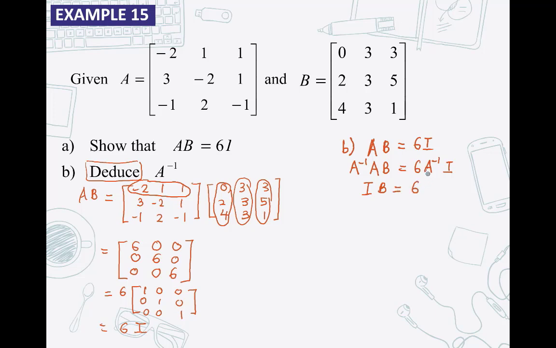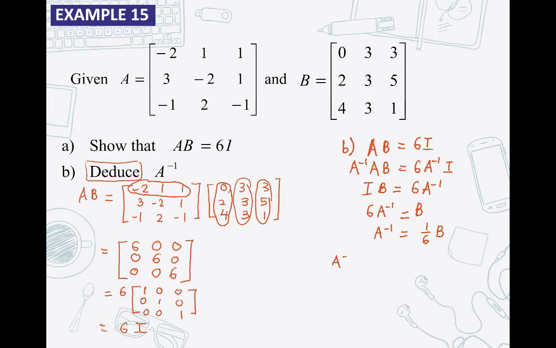Now any matrix times identity will be giving you back the same matrix. So here we have 6A inverse equals to B. So remember, we are going to find A inverse. So A inverse is 1 over 6 B.